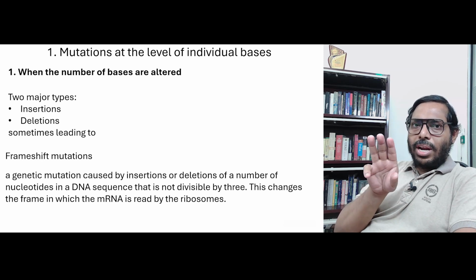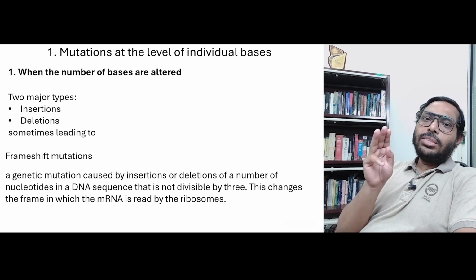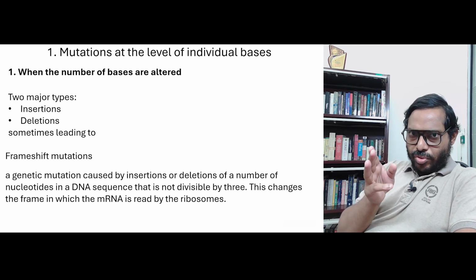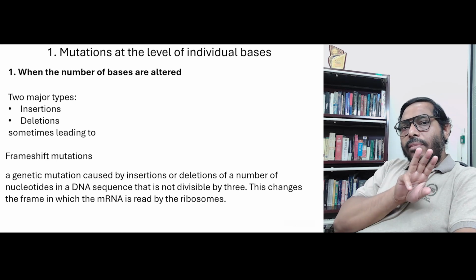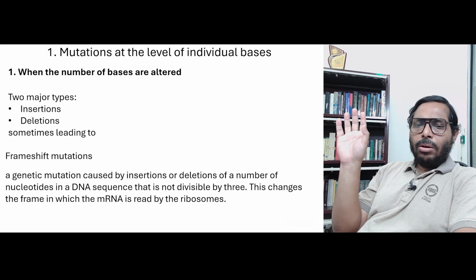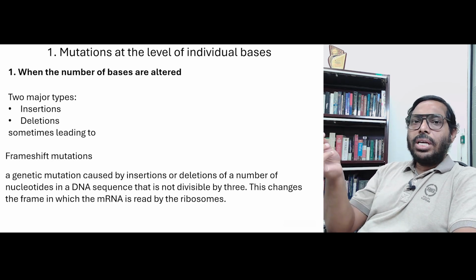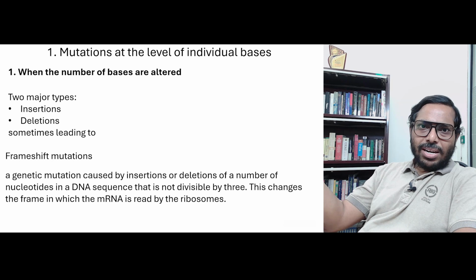So, 3 nucleotide bases together form a codon. So, if you have deletions or insertions which are not in multiples of 3, then the reading frame of your polypeptide chain is going to be altered, and when you have that, then there can be a huge change in terms of what is translated at the end.